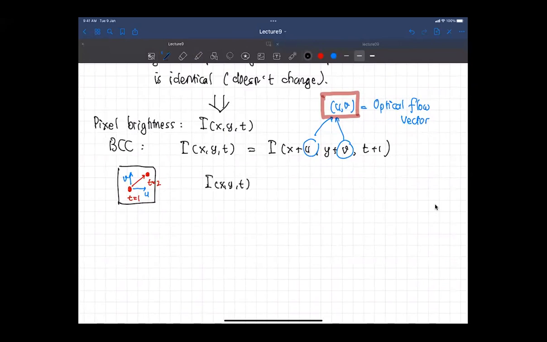If I take the derivative of this with respect to t, then I can apply the chain rule: dI/dx times dx/dt, plus dI/dy times dy/dt, plus dI/dt.